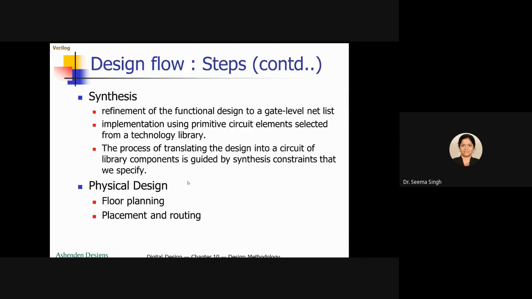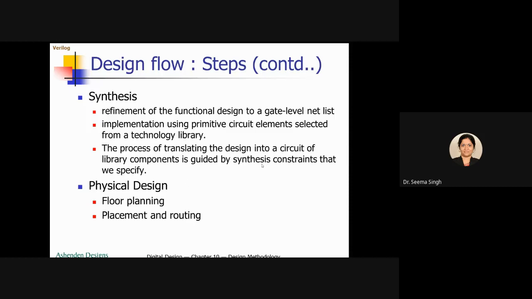Why? Because we know the actual position of components now, we know the actual position of wires. So this is a more accurate simulation model of the gate level design. Okay, so this is about your physical design with floor planning and placement and routing.